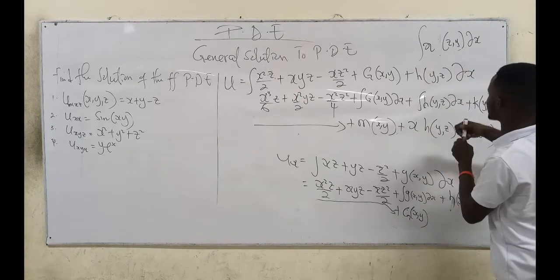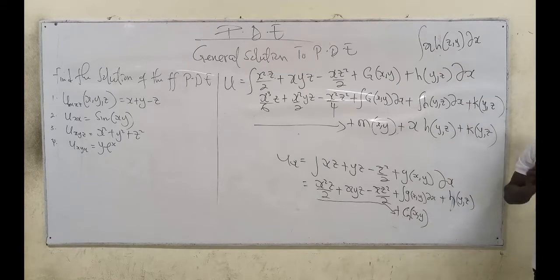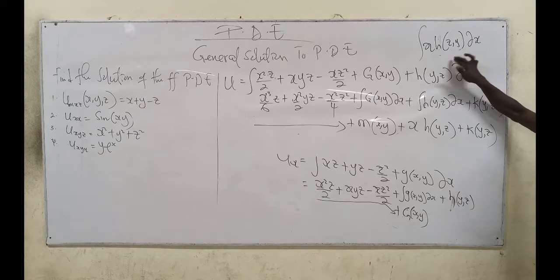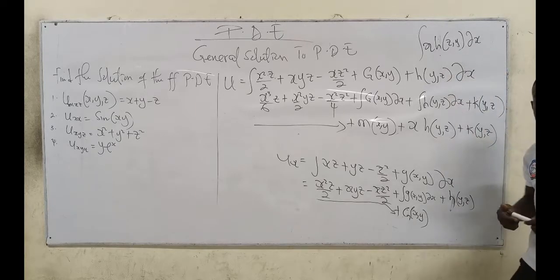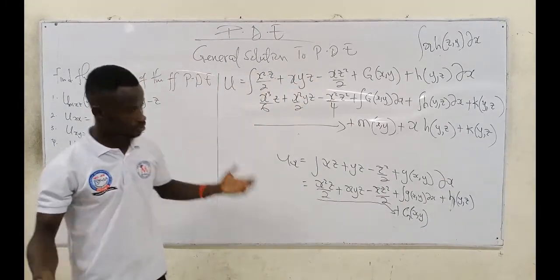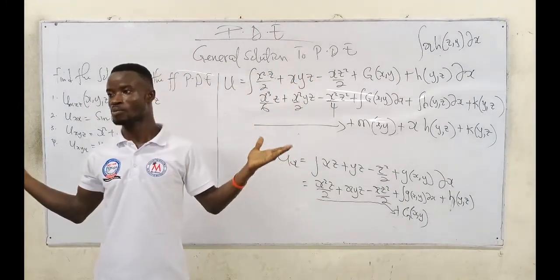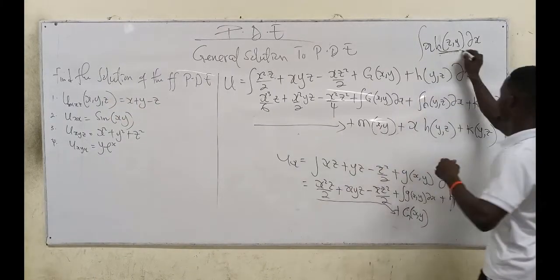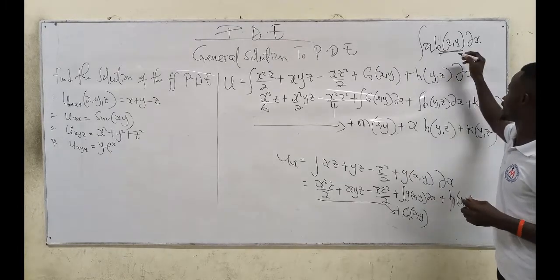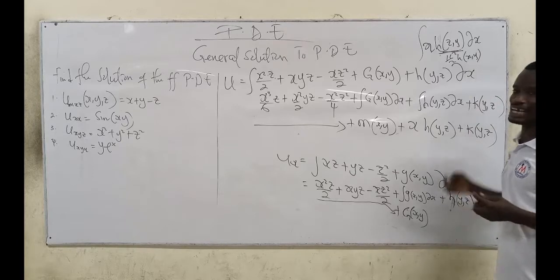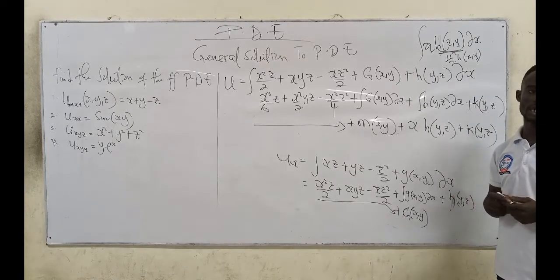Let me make that place H, because we can't solve all questions in this world. So if you are integrating this, what would that be? S squared over 2, H into bracket Z, comma Y. Since we are going to treat this as a constant, we integrate this. So this will be S squared over 2, then the H, S, Y. That is all. Please, I hope it is clear.